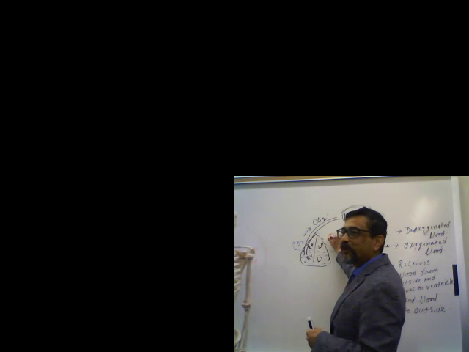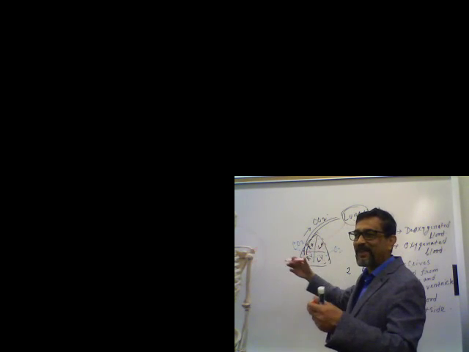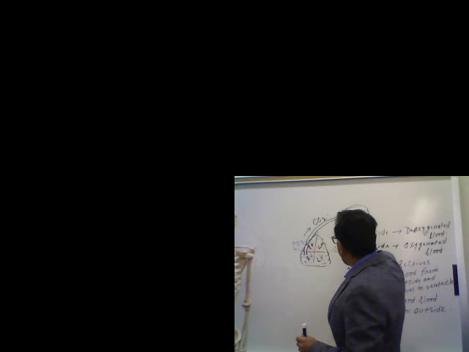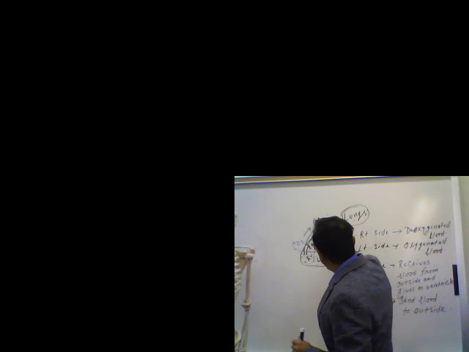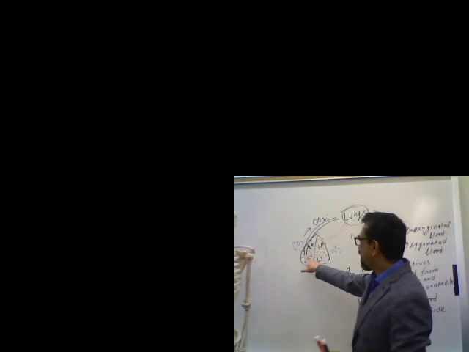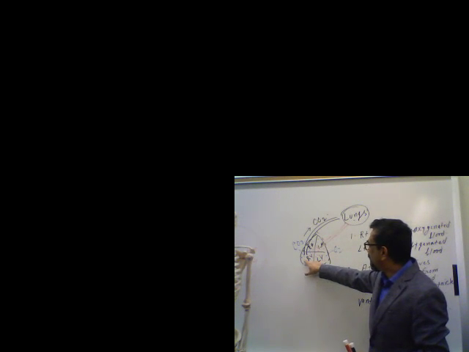So in pulmonary circulation, the arteries and veins are called pulmonary arteries and pulmonary veins.